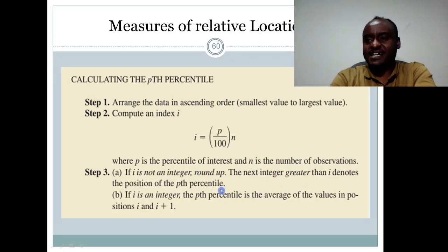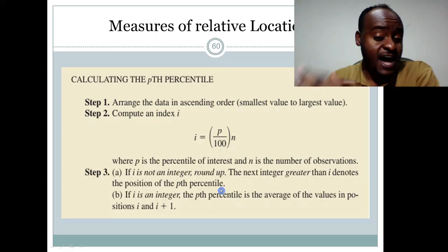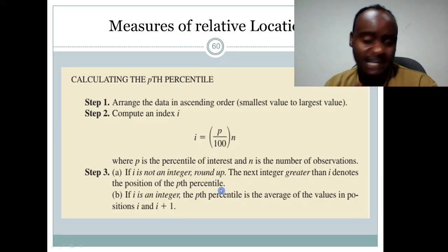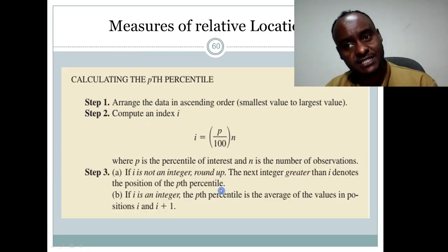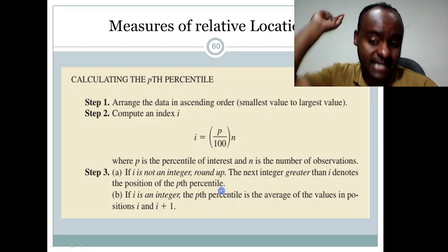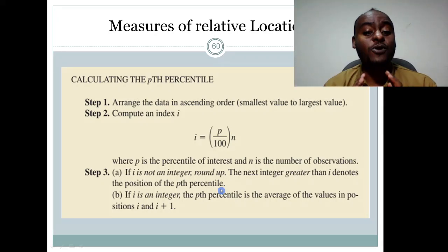Then to make the final decision: if i is not an integer, if it has some decimal places, round up to the next integer. The next integer greater than i denotes the position of the P-th percentile.